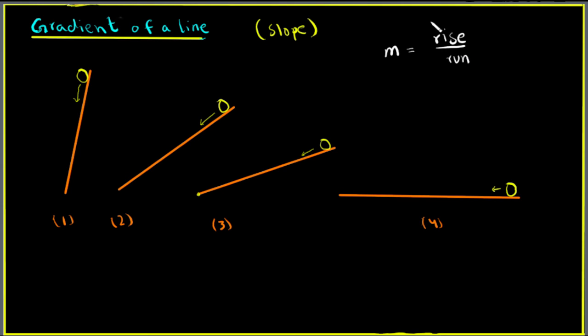So let me actually get to this rise over run thing. How do we actually get to it? Let's take an example of line number three. We can draw a horizontal line and a vertical line and make a triangle of it, right? If we want to go from this starting point to this ending point, we have to run some distance forward. So this is the run, and then we have to rise some distance.